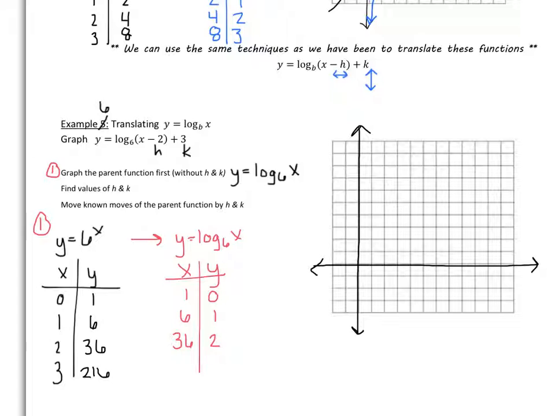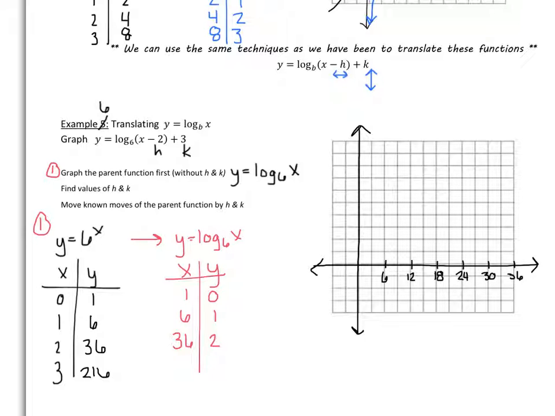So let's see, let's go by 3s. So this would be 6, 12, 24, oh, not 24, 18. Oh, perfect. That was just a guess. Okay.